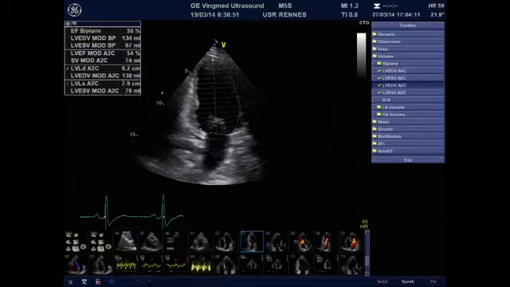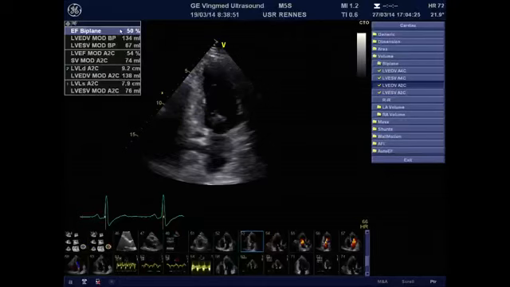Here we are. So this is the manual method to get the LV ejection fraction and to get the volumes. As you can see, we have here LV ejection fraction by the Simpson method of 50%, with LV end diastolic volume of 134 and end systolic volume of 67 milliliter.